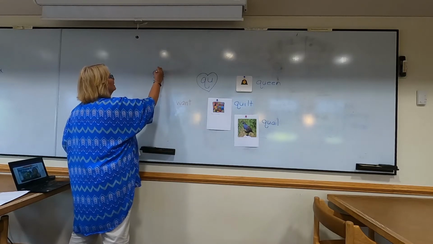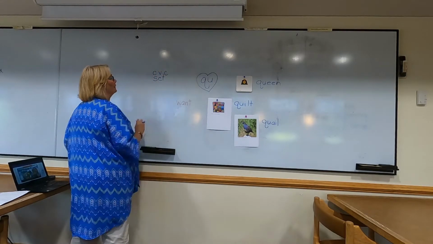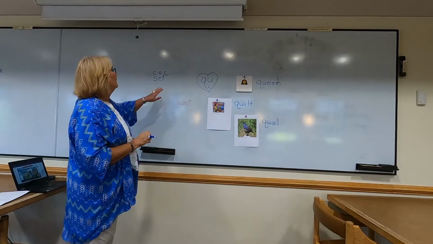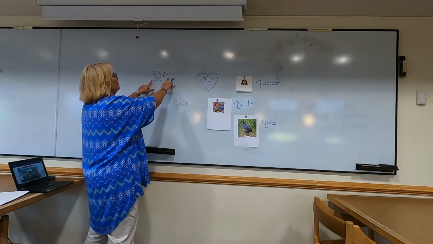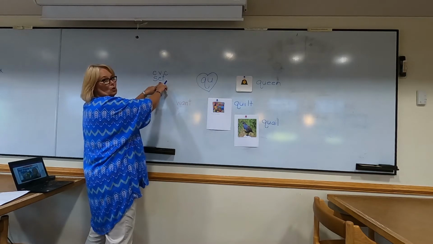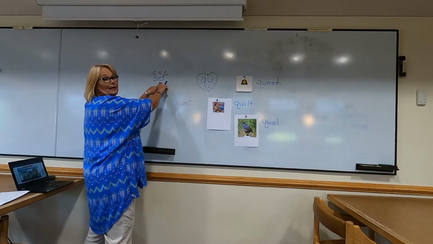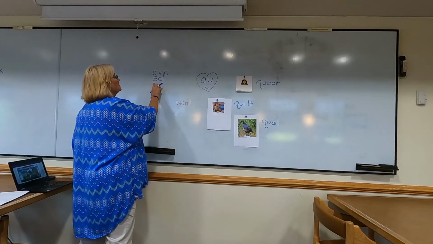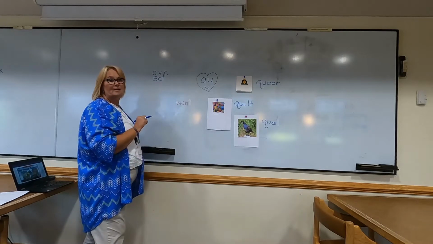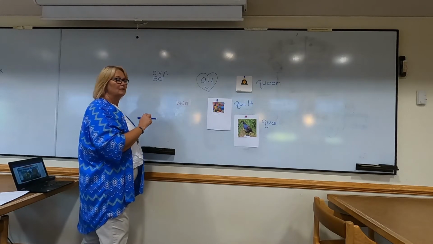Remember, this is a consonant, vowel, consonant pattern. Remember when we have two consonants with the vowel in the middle? Those consonants close the door and won't let that vowel say the E, so it says what? Eh. That's right. Short E says eh. S-et. Set. That word is set.